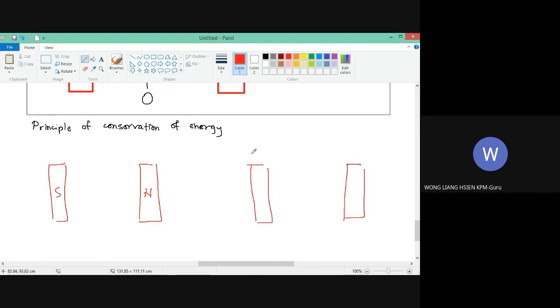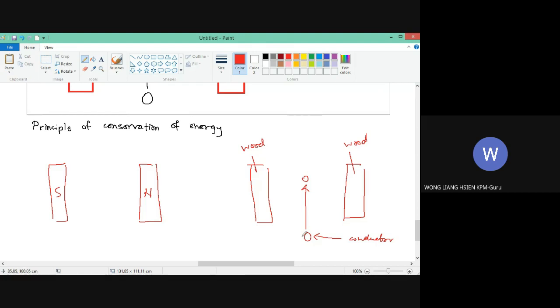So let's say this is wood. Two pieces of wood. And we take the conductor and push the conductor in between the two pieces of wood. Is there electrical energy inside or not? Can it induce electrical current? Of course not, right? No electric current.